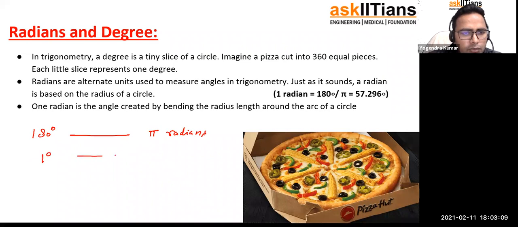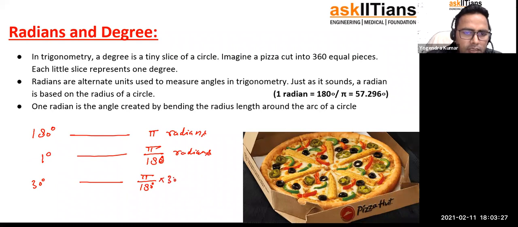So 1 degree is pi divided by 180 radians. Now if you need to convert, say, 30 degrees, what will you do? Pi by 180 into 30. So it will get cancelled here. Pi by 6 radians. Radians we represent like this also, pi divided by 6.